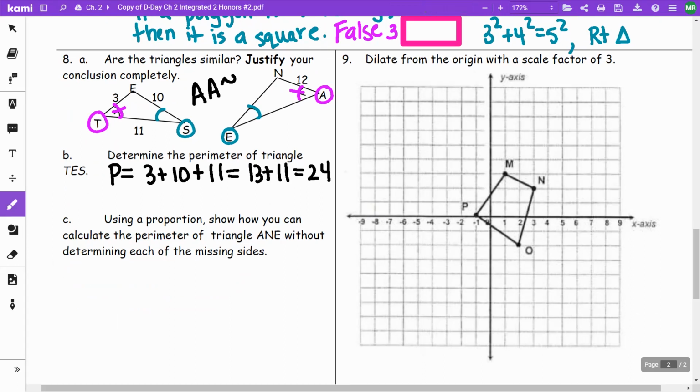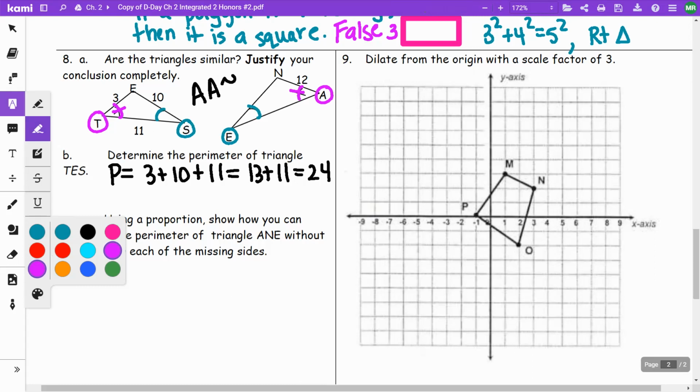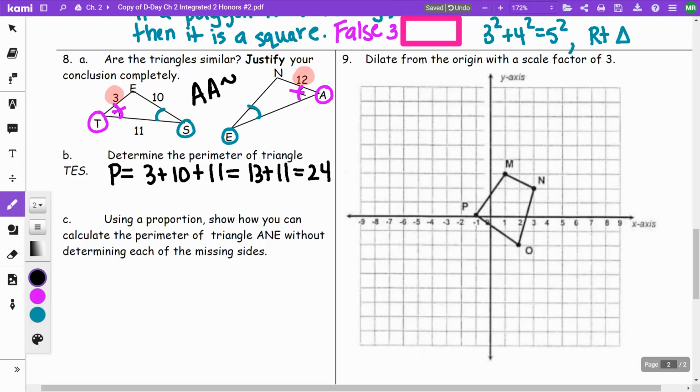So if I know that these are similar, which I do, and I know that this 3 corresponds with this 12, I'm going to use that ratio. So 3 is to 12 as my perimeter 24 is to my bigger perimeter.